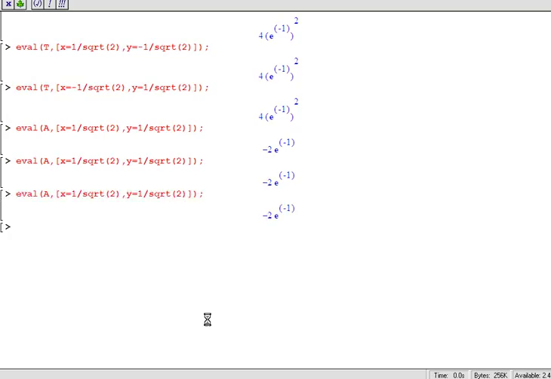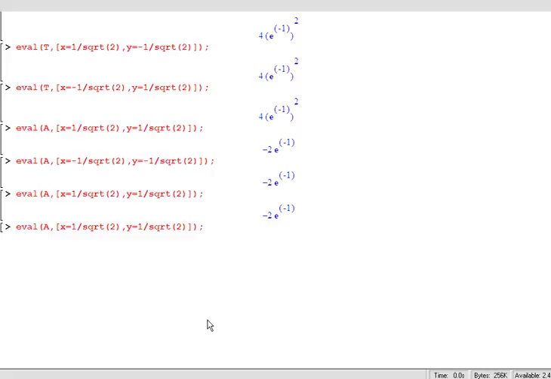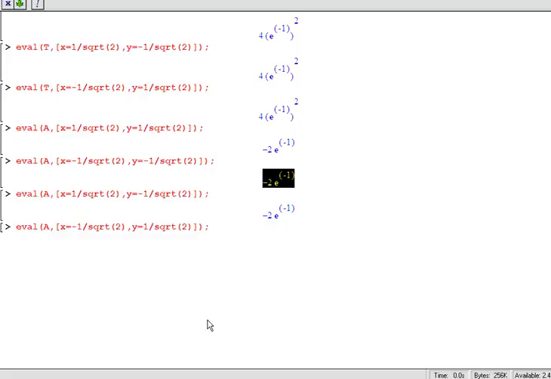So there's 4. I'll go back and change the signs on x and y so we get each critical point.